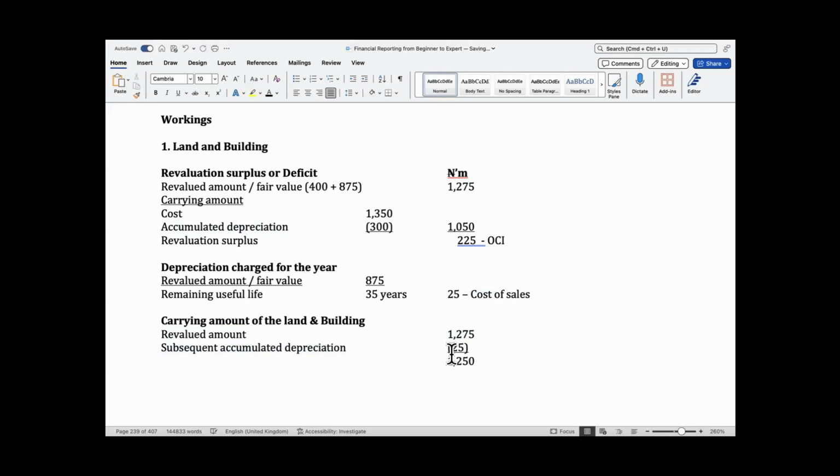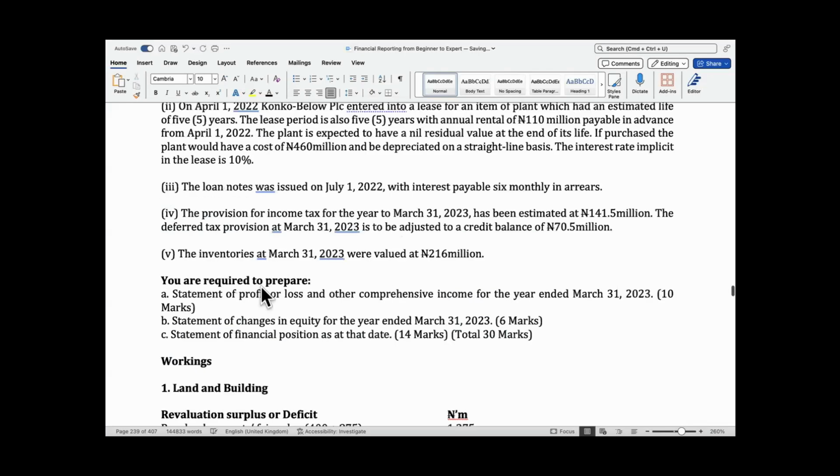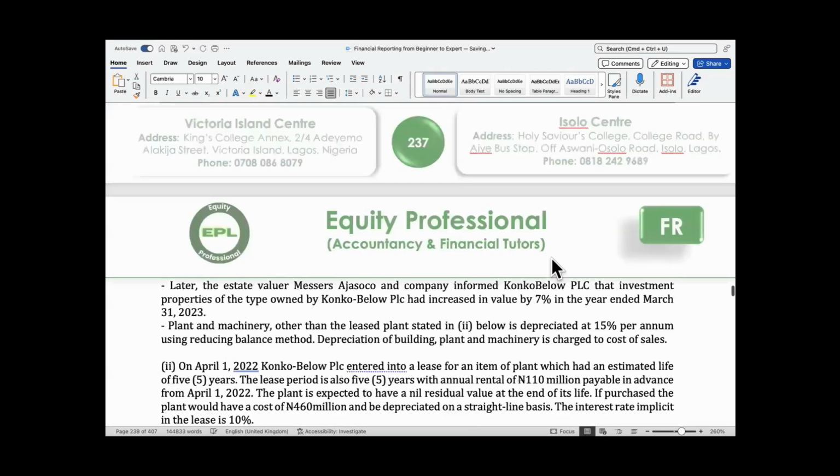So let's go on, I'm done with this. The second one talks about valuation of investment property that increased by 7%. So all I need to do is to increase this investment property of 450 by 7%.